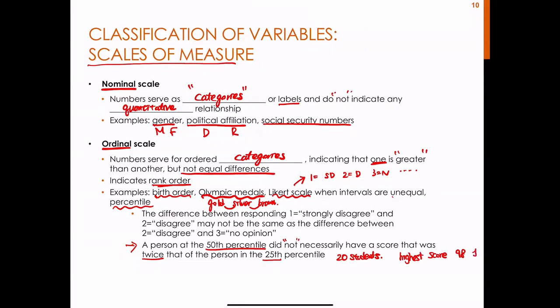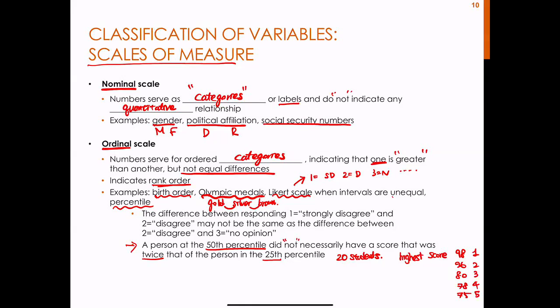So this is the first order. And the next highest score was 96. And the next ones are 80, 78, and 75. So those are the top 5 in our class exam.